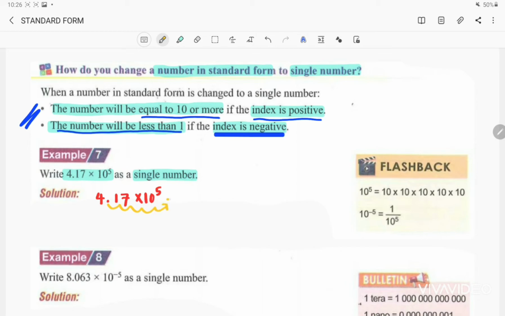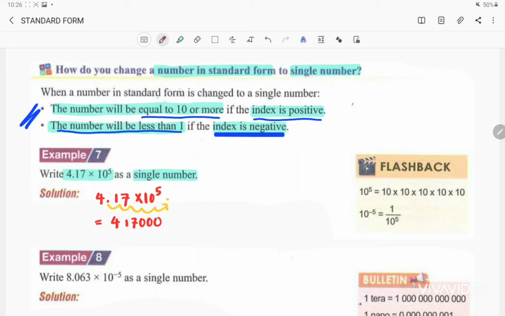So dia akan jadi berapa kat sini? Dia akan jadi 417,000.